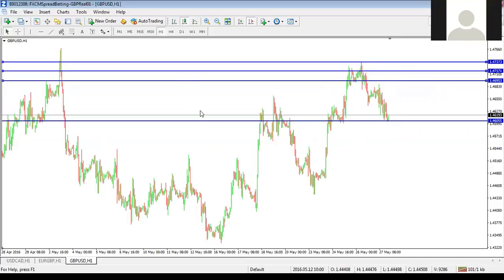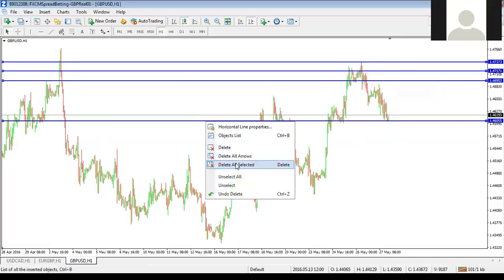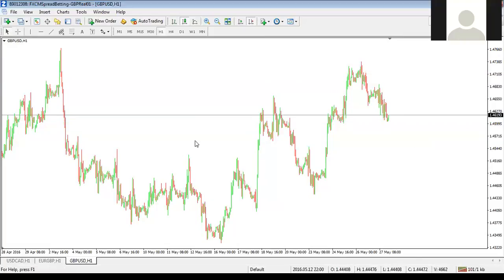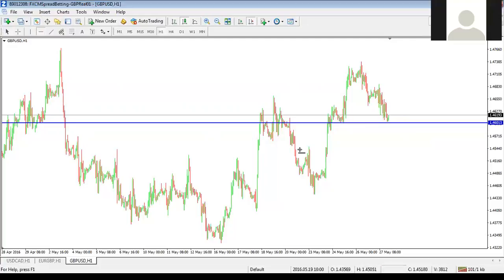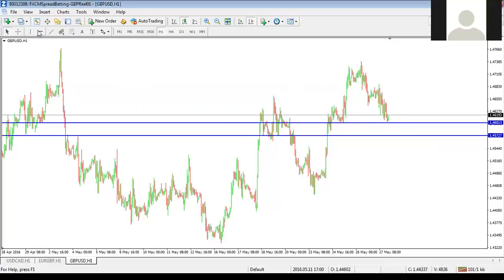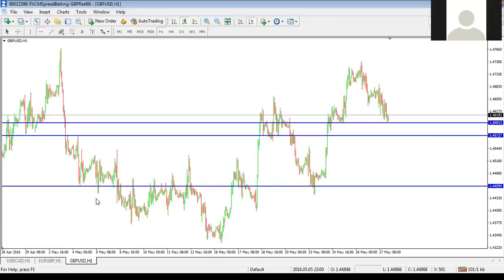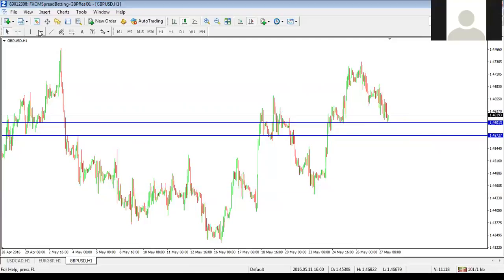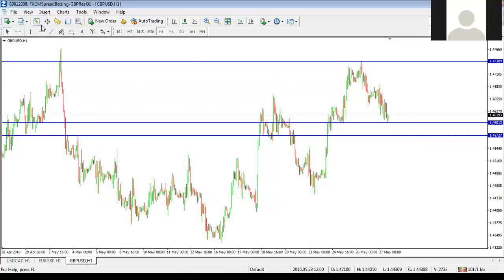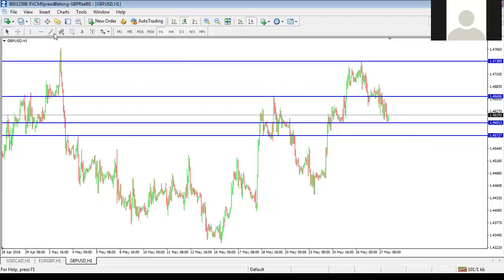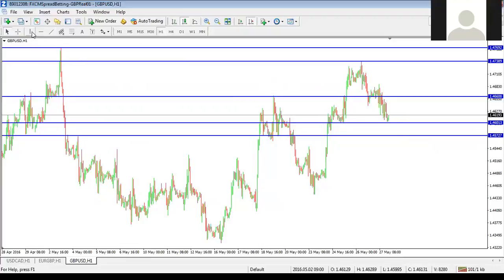So just to recap, have your blank chart. Personally, this is how I have mine. You can do it whichever way you feel comfortable, and just draw your lines of support, resistance, any significant areas. You want to look at the main ones where it's been significant, like that, and that, and that.